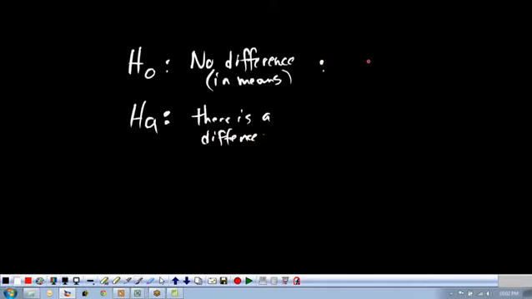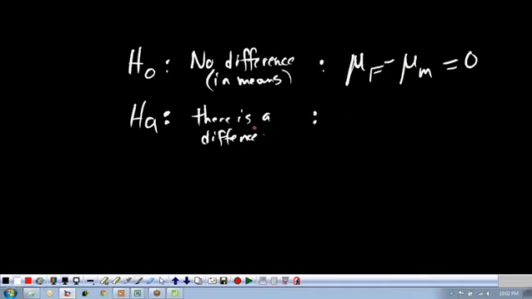So mathematically, the way of writing that is to say our mean for women, mu F, minus mu M is equal to 0, right? If there's no difference, if I subtract the two, I should get 0.